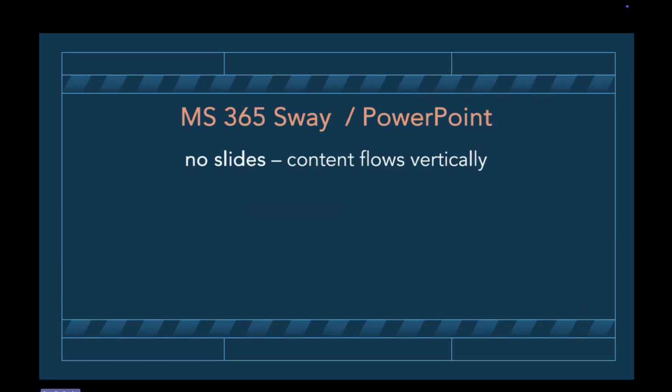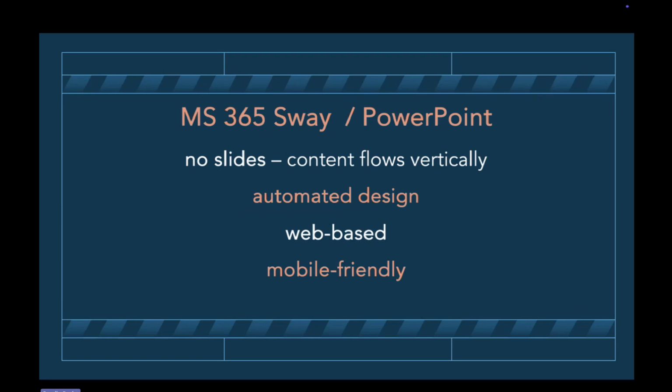How does it differ? In Sway, there are no slides, even though it looks like it. It's those building blocks, and the content flows either vertically or horizontally or in a slideshow. More about that in a second. It's an automated design with the building blocks that you use. It's web-based only, as mentioned, and it's definitely mobile friendly.